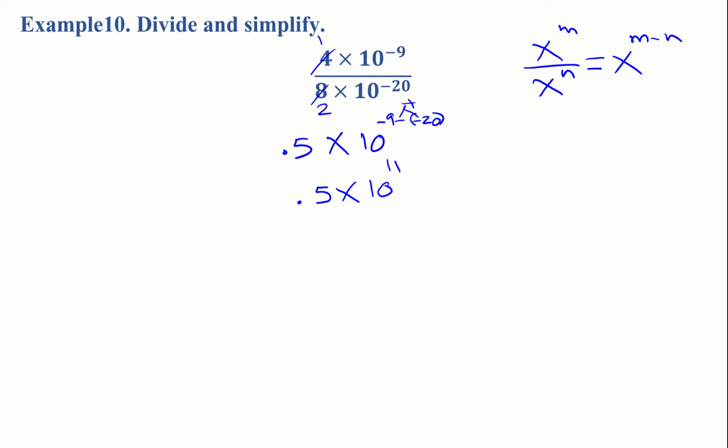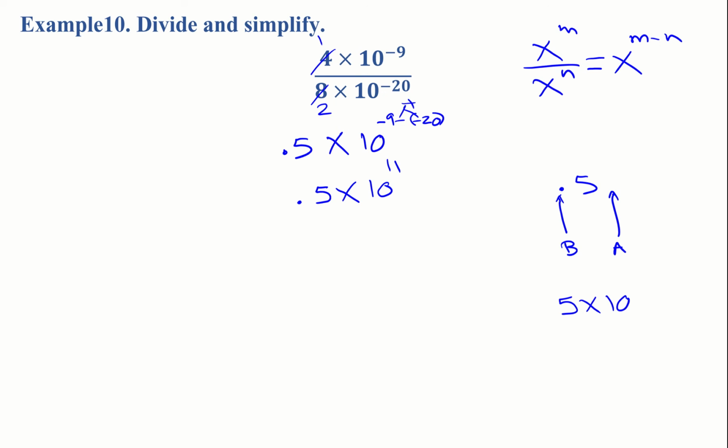Now remember, the 0.5 needs work, right? We need to put that in scientific notation. We're going to move from left to right, stop after the first non-zero digit, which is 5 itself. Put a marker there for A. Then put a marker at the original location of the decimal. So the new number is 5.0, which we don't need to write. Just put 5 times 10 to the power of what?